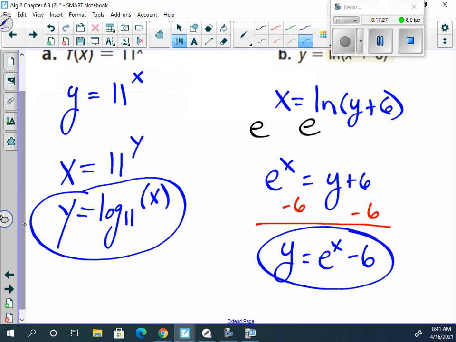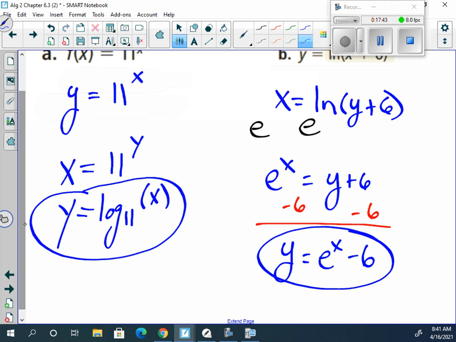And that's it. Now we could have other functions, like instead of having the natural log of y plus 6, we could have the natural log of y, just the natural log of y, plus 6 on the outside. And we could get that function.